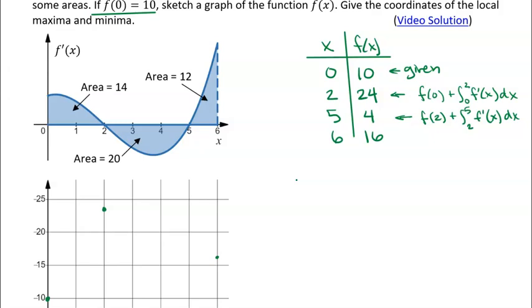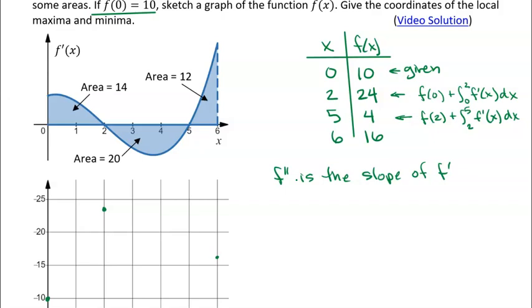And if I'm given information about the derivative, then I know the second derivative is the slope of the derivative. So I'm going to write that out here. f double prime is the slope of f prime, right? Because essentially when I take the derivative, I'm getting slope. So the slope of the derivative is giving me information about the second derivative.